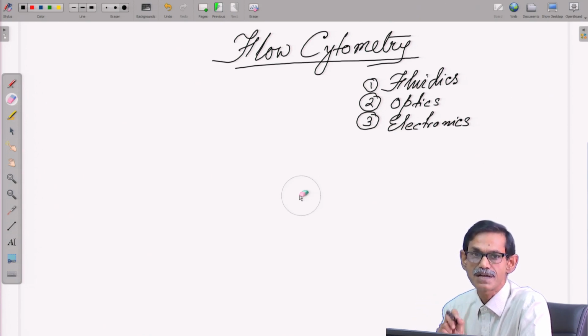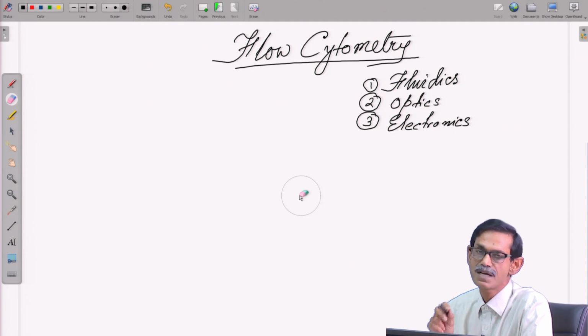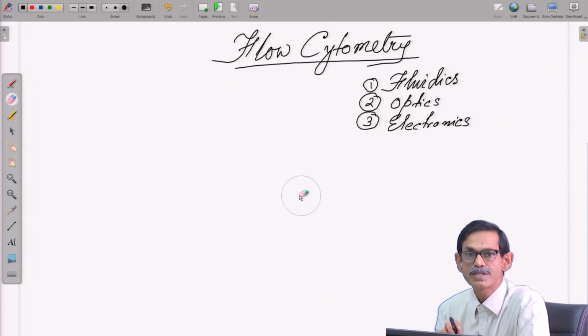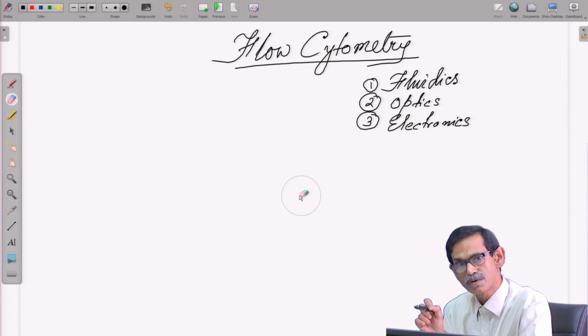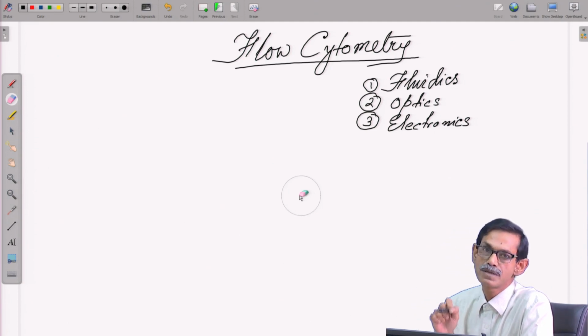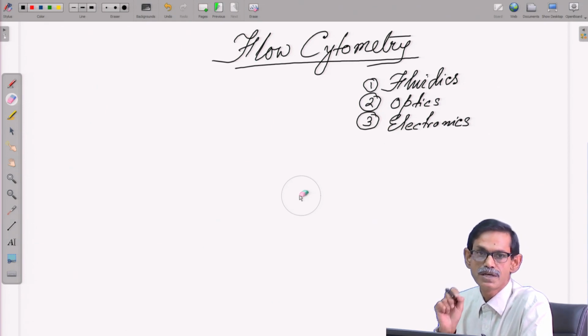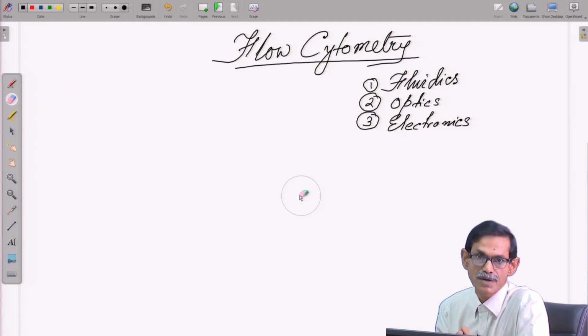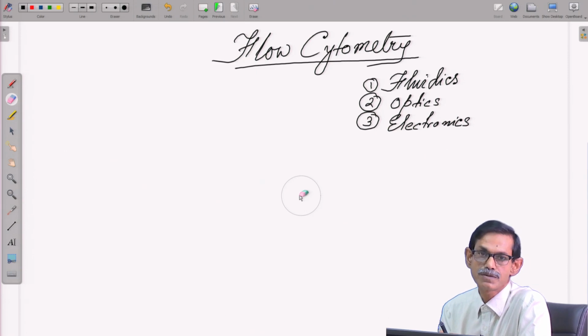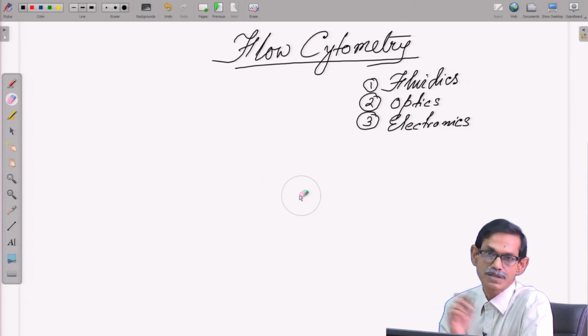Another button is run. When you are ready, you press run, and it will do its own job. When the run is complete, the third thing is standby. It will automatically go to standby, but if you want to do it forcefully, like if something is wrong or you do not want to continue and want to stop the measurement, you press standby. And the sixth one is called prime, which we normally do not use, just to clean the machine or the pipe.